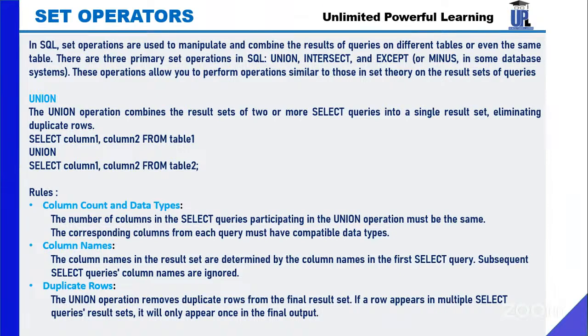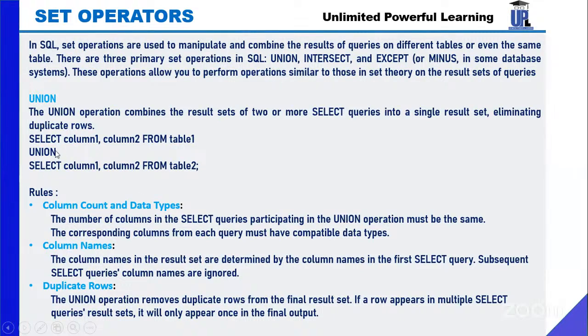Yesterday we discussed the Cartesian product and joins: inner join, left outer join, right outer join, and full outer join. Today in set operations, if you have two tables and the columns of these two tables have the same data type and the same count, then we can perform the union operation.